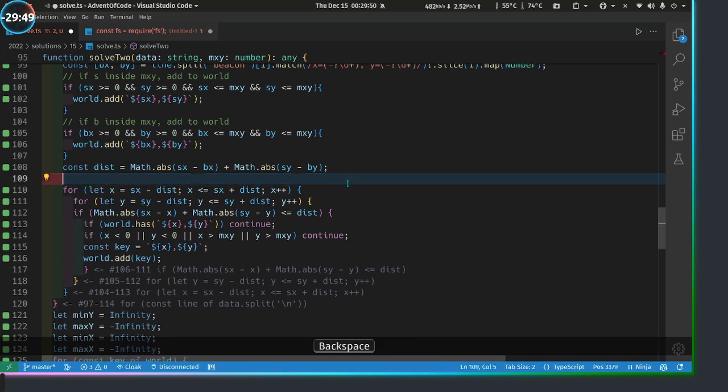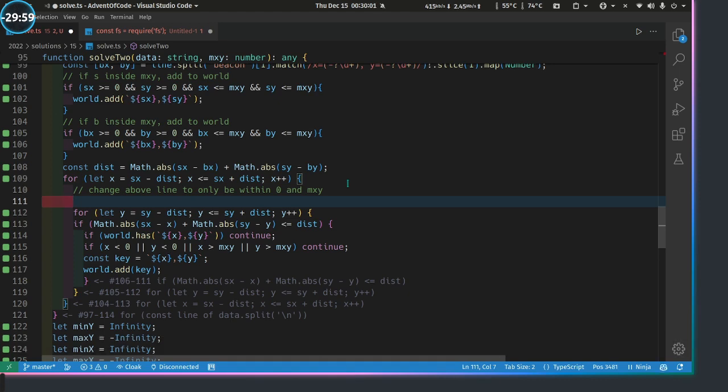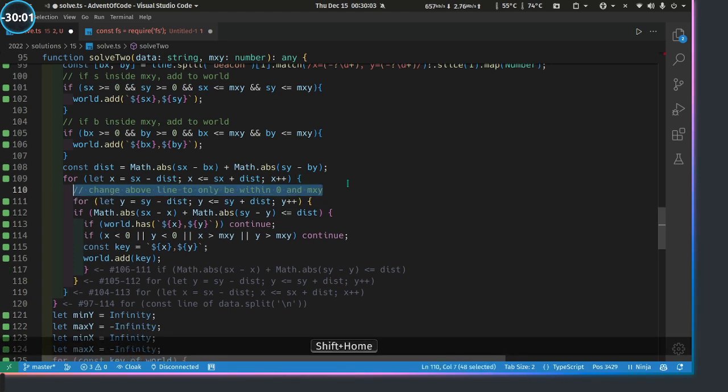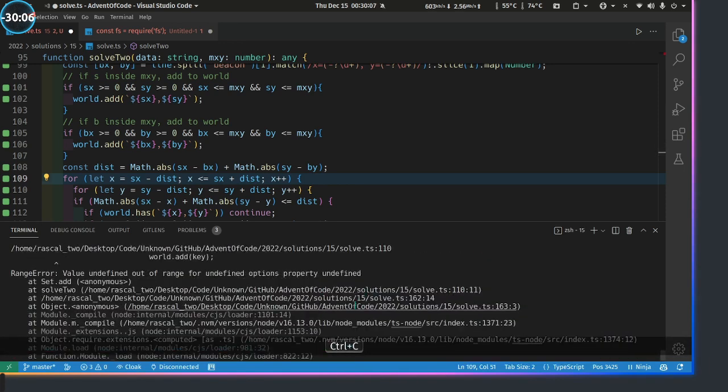Great. Let's see if I can get this thing to listen. Zero and mxy. Okay, too much for Copilot. Did the brute make it? Dang it. Okay, get down there.